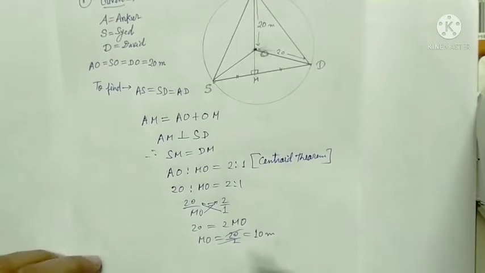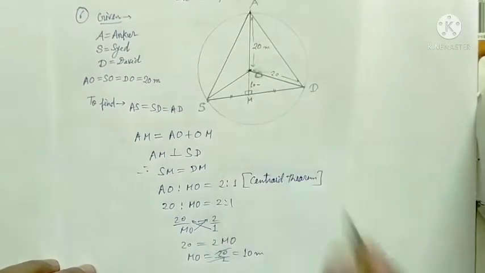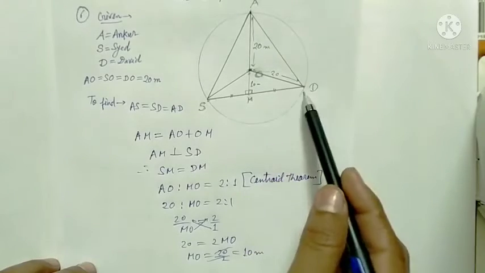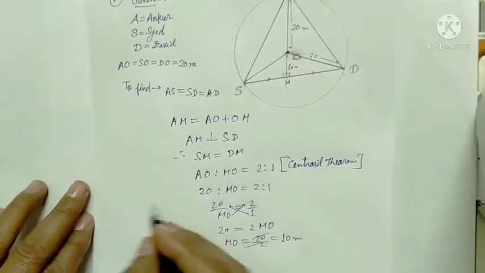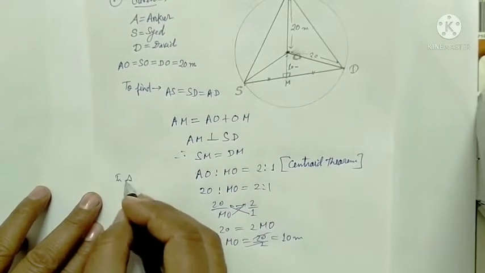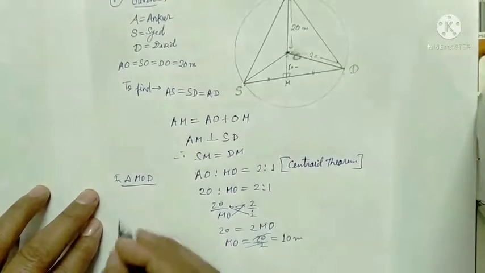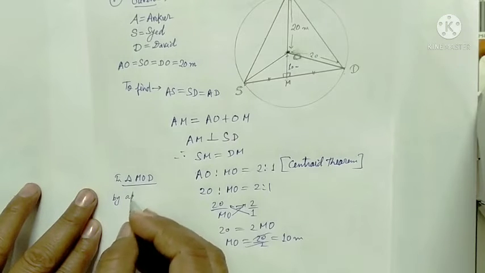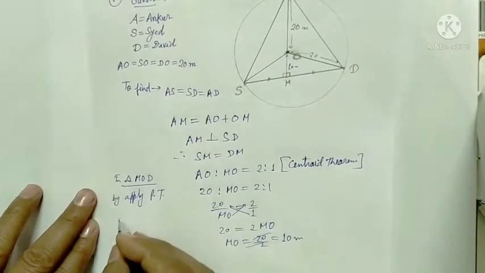Now after that the question is easy for you. Write here 10 meter. Here we can say triangle MOD is a right angle triangle. So now look here, in triangle MOD, by applying the Pythagoras theorem. What does the Pythagoras theorem say?